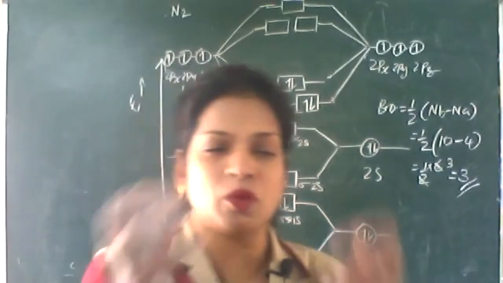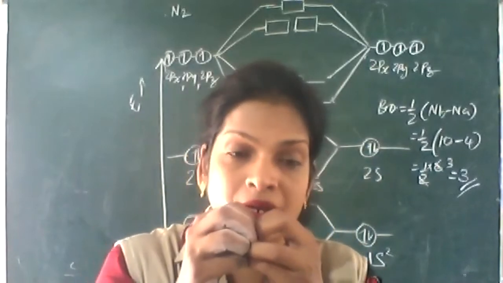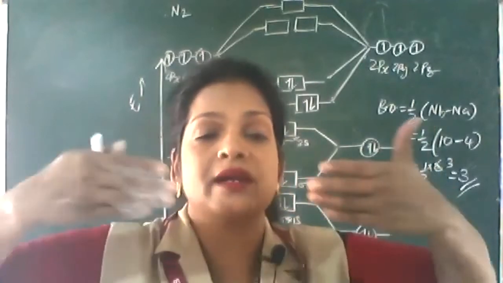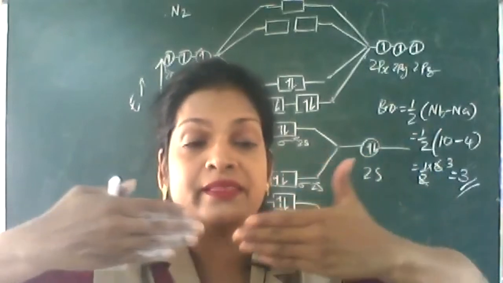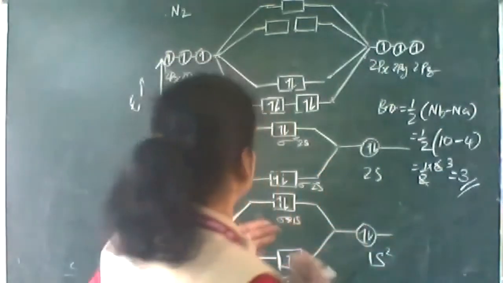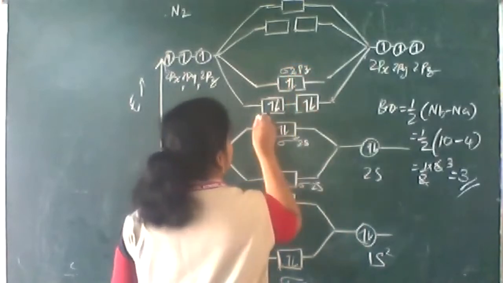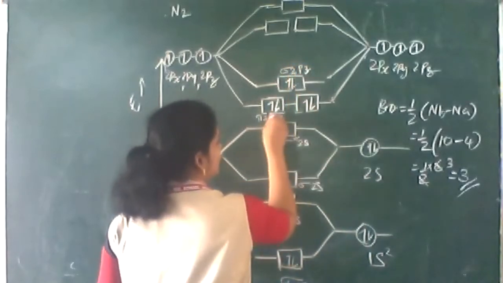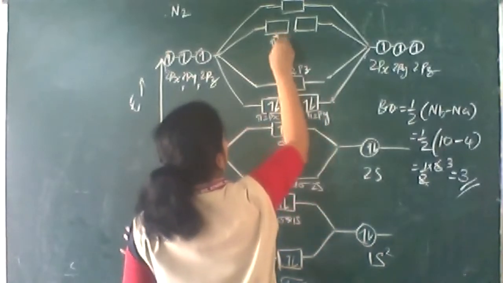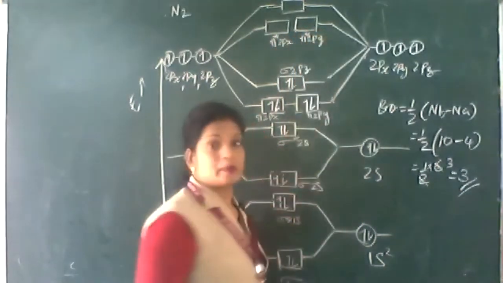When these two small, meaning electron dense, atoms come closer to form molecular orbitals, what happens? The orbitals which lie along the internuclear axis experience very high repulsion. So this is sigma 2pz, this is pi 2px, this is pi 2py, this is pi star 2px, and this is pi star 2py. These are the molecular orbital names.